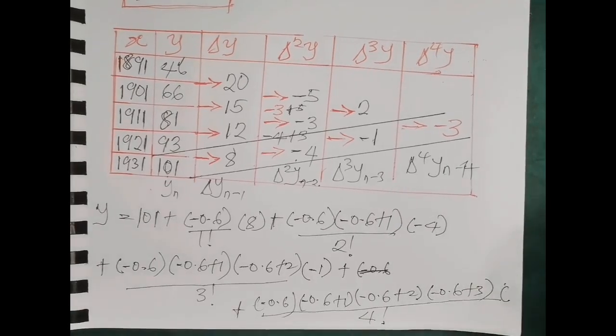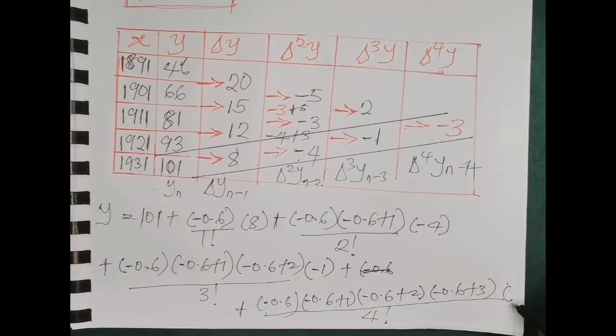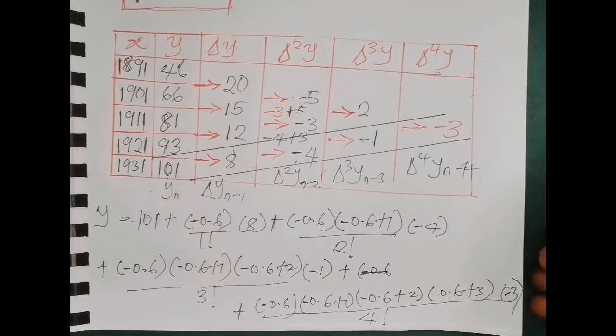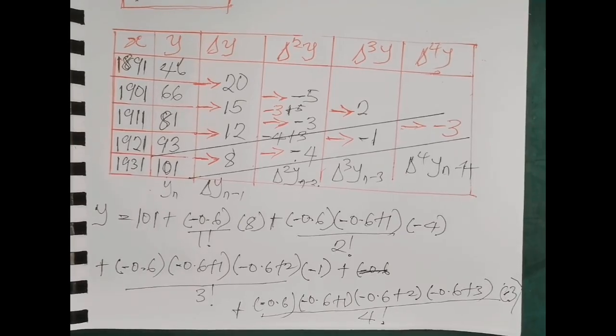Which means you're multiplying this equation by negative 3. Okay, so multiplying that equation by negative 3.